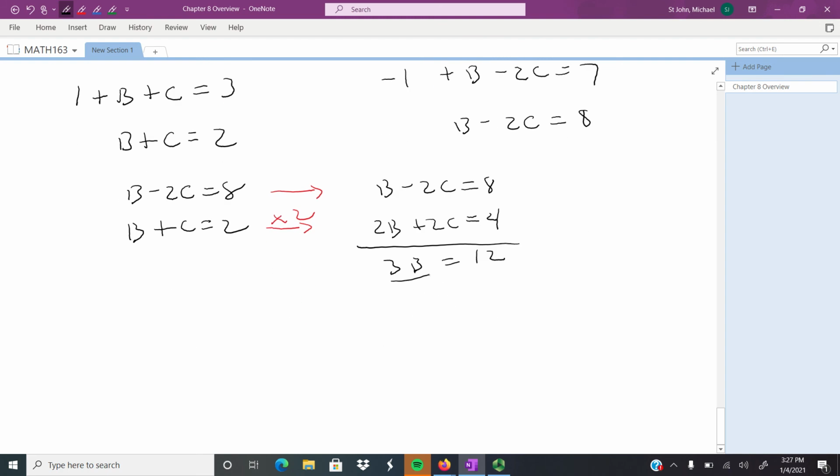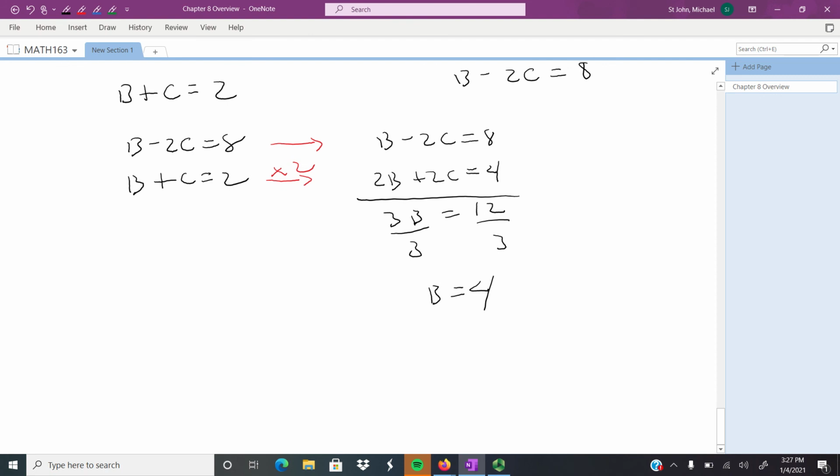And then we divide by 3, and we end up here that b is 4. And since b plus c was equal to 2, 4 plus c equals 2, so c has to be negative 2. So we have our values for a, b, and c.